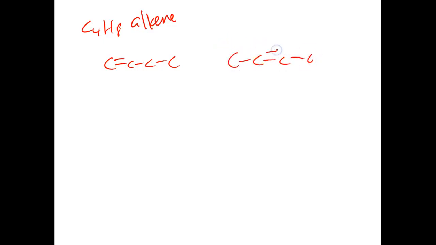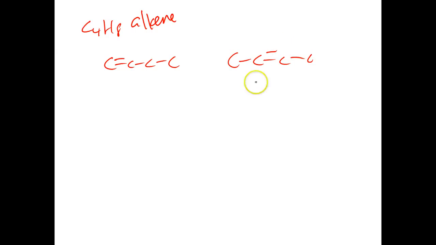Right? So how do we go about drawing this one? Let's take a quick look. So first of all, we know this is C4H8. So this is a 4-carbon chain. Right? And this is an alkene, which means we must put in the double bond. So let's draw this out first. So this is the first one. Next one is to shift the double bond. So if we shift the double bond to the second carbon, this is what we get.